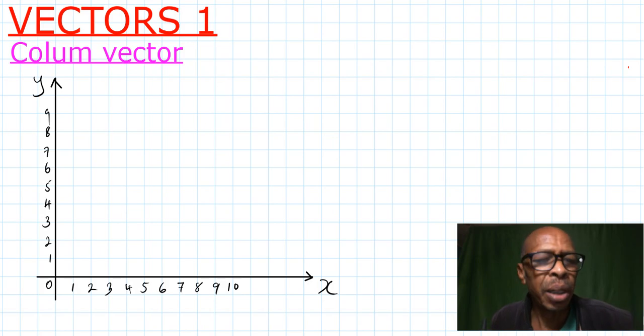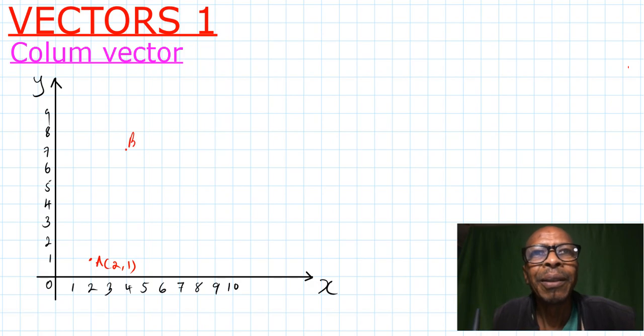We are going to take 2 points on the Cartesian plane. We will take A, which is 2, 1. So you read 2 and 1. That is where we have our A. It is coordinates 2, 1. And when we have B, which is 4, 7, so we take 4 and 7.